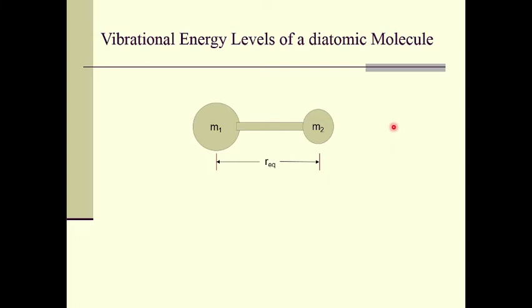The minimum of the energy corresponds to the equilibrium distance r equilibrium. Near the minimum of the curve, which corresponds to the stable configuration of the molecule, the shape of the curve is very nearly a parabola. So let us consider our molecule is vibrating about the mean position.